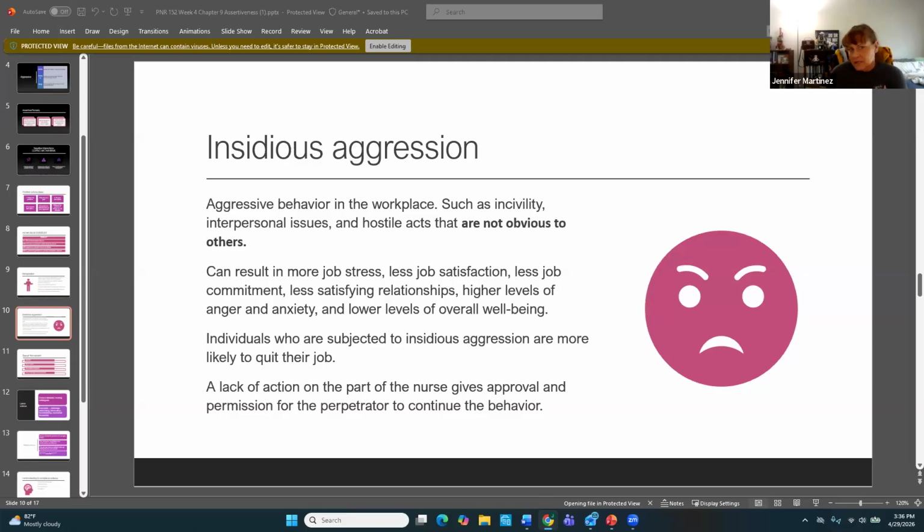And it may even escalate and get worse. Again, this is why I'm saying your assertiveness is extremely important. Stick up for yourself. You can be respectful. You can be within your rights to stick up for yourself, but nobody has the right to bully or be uncivil towards you.